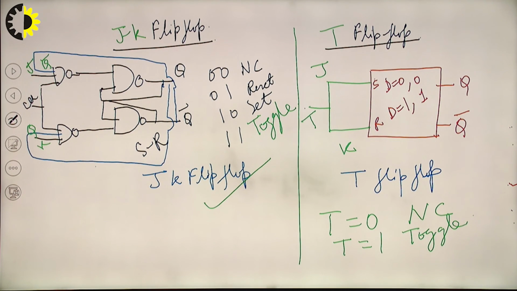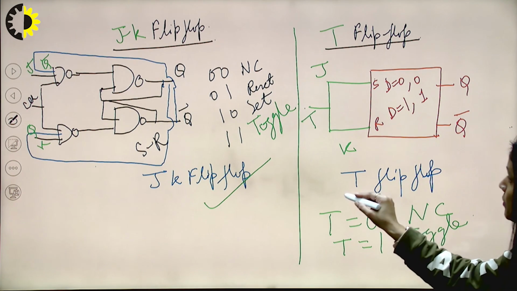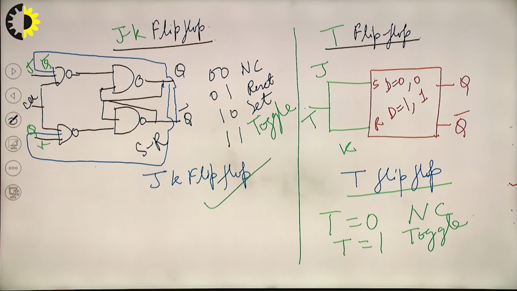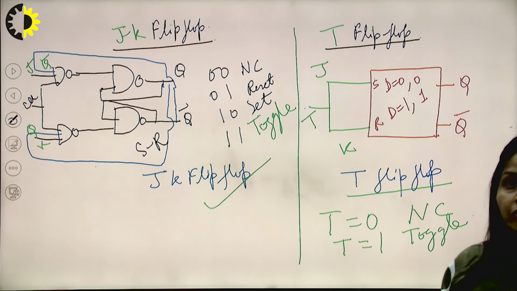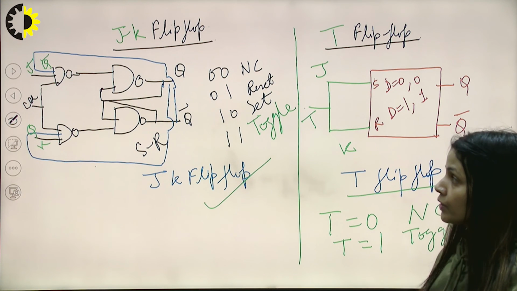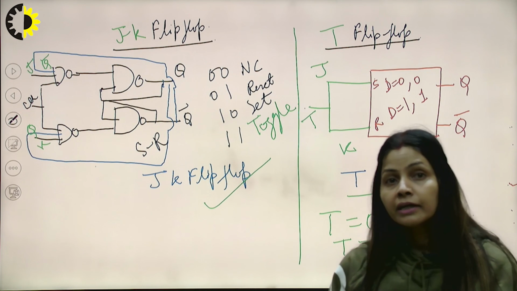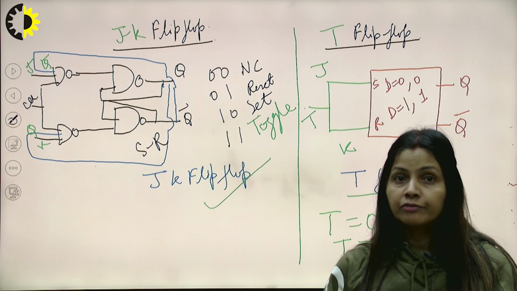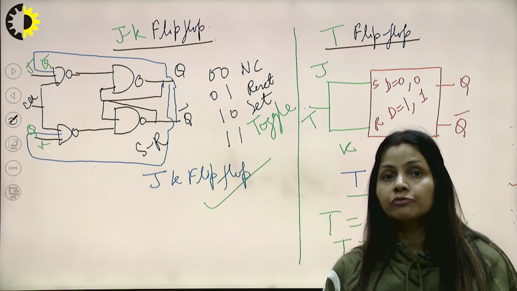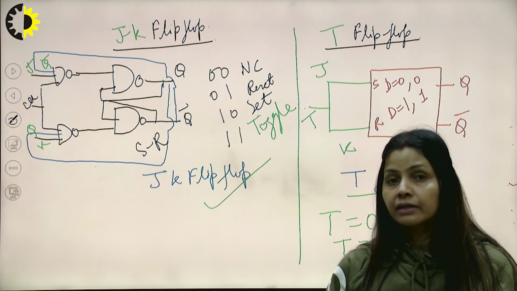So this is how we can make the T flip-flop from the JK flip-flop and the D flip-flop from the SR flip-flop.